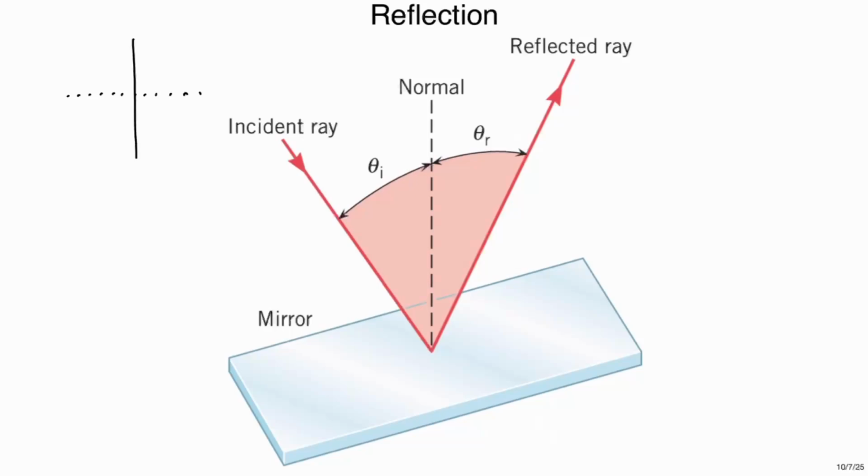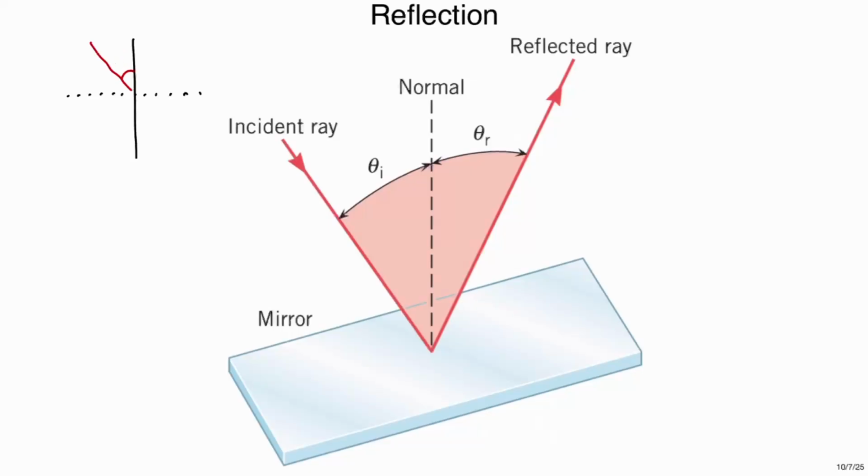They'll say the light comes in at an angle from the surface of the mirror of 30 degrees. That is not the angle you want to use. What angle are you going to use instead? 60, right?